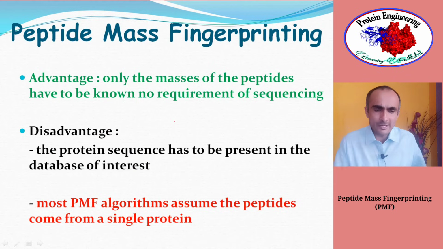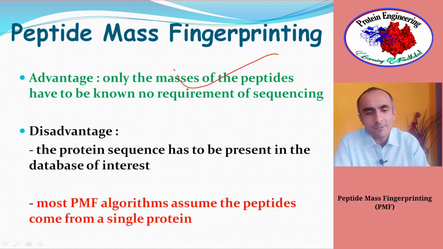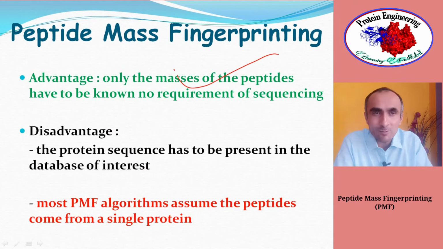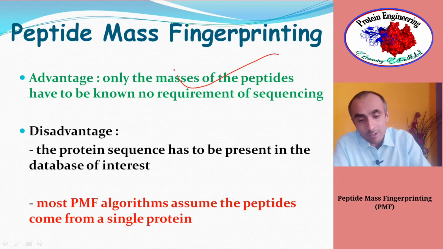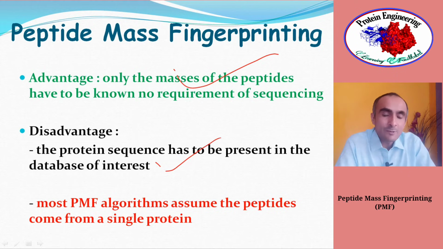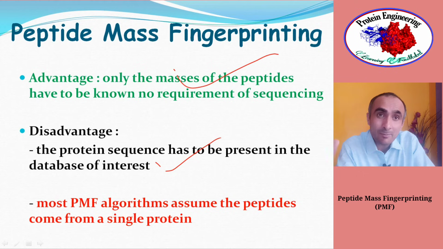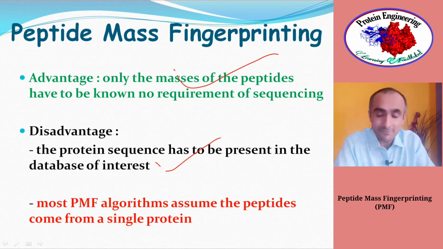The advantage of peptide mass fingerprinting is that only the masses of the peptides have to be known. There is no requirement of sequence. You don't have to sequence the peptide in order to identify the protein. Only mass needs to be known. The disadvantage is that the protein sequence has to be present in the database. The genomic information, the proteome database, should be available for the organism in which you are studying proteomics in order to identify it.